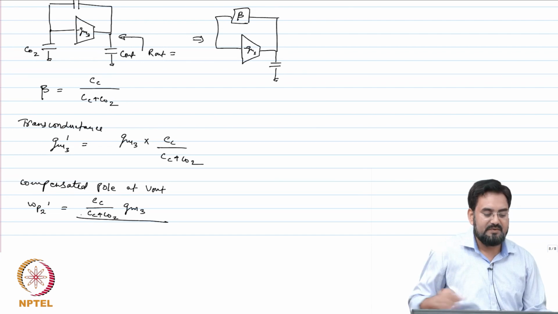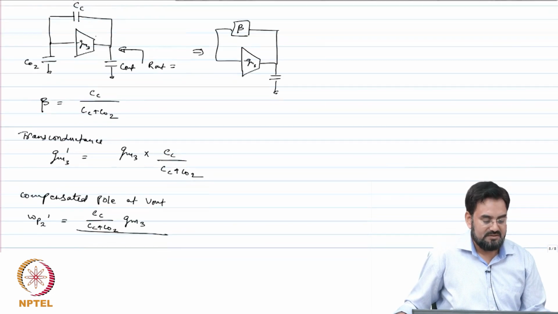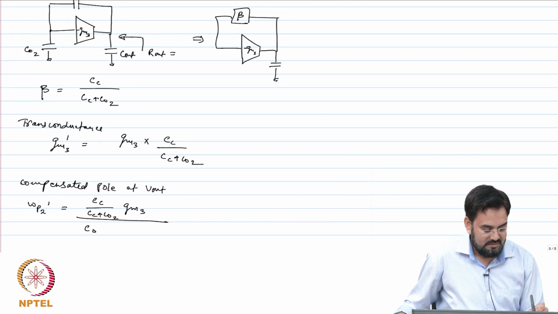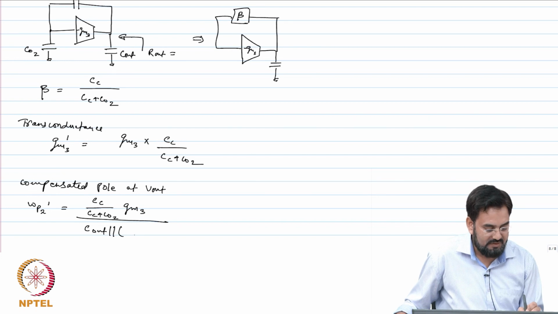What is the effective cap? So, you have 1 cap and 2 caps in the series. C out parallel with CO2 in series. How will you write this?